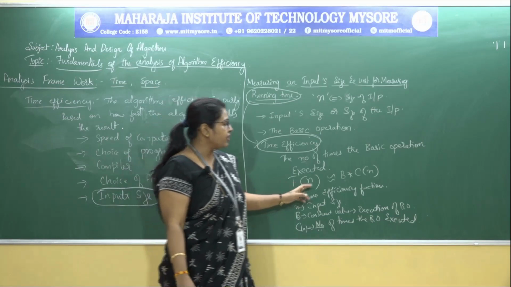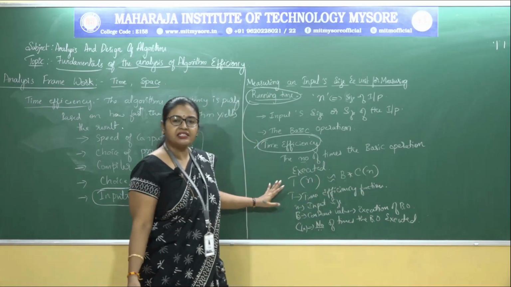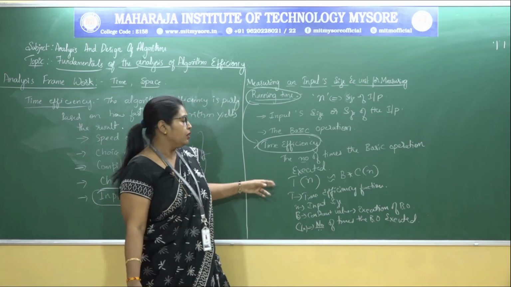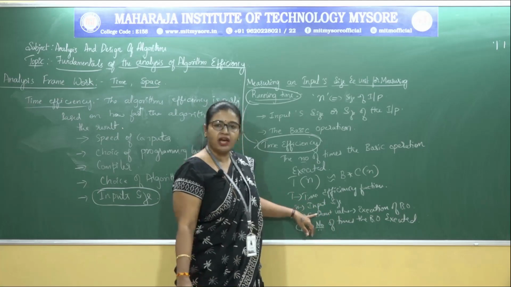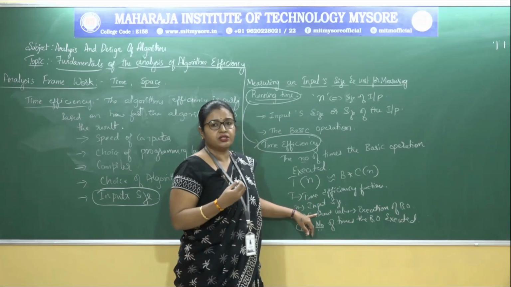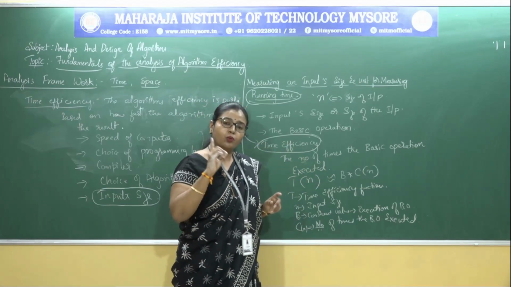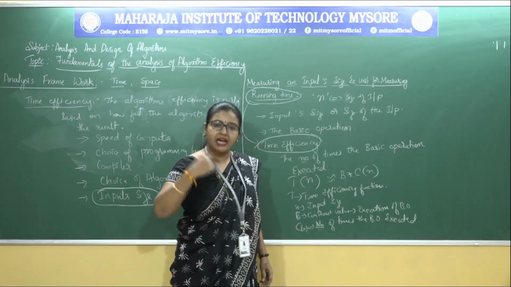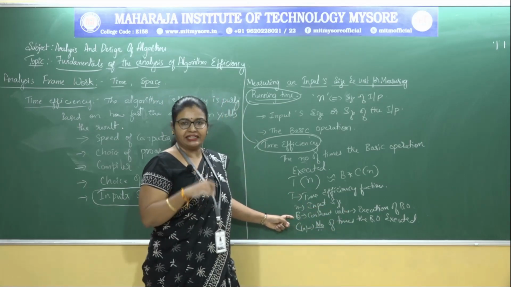So that is T of n, which is approximately equal to B into C of n, where T of n is the function which gives you the time efficiency, n is the input size, and B is the constant value. How much time it is going to take to execute the basic operation in a single iteration, that is what the constant B tells.